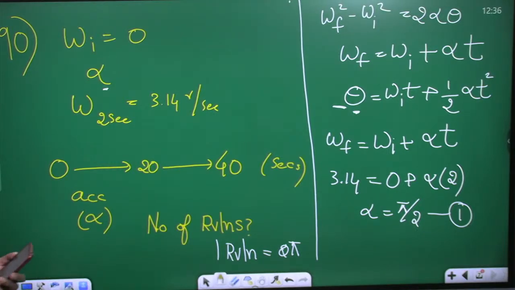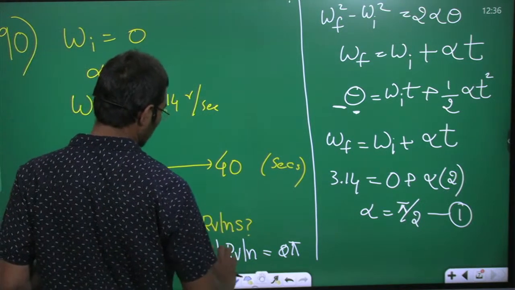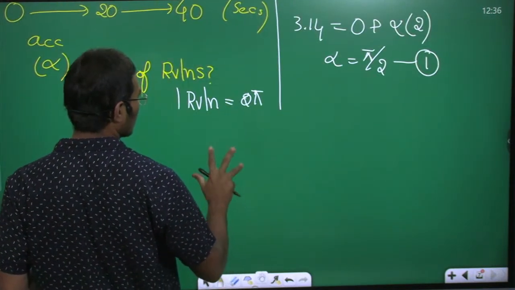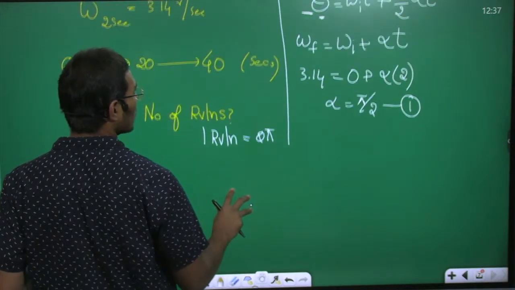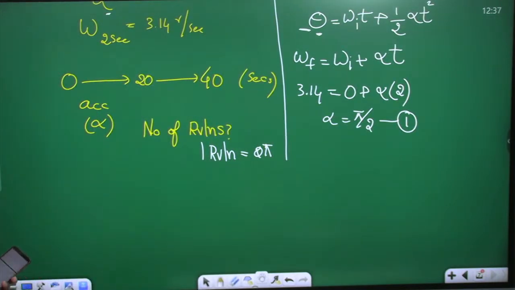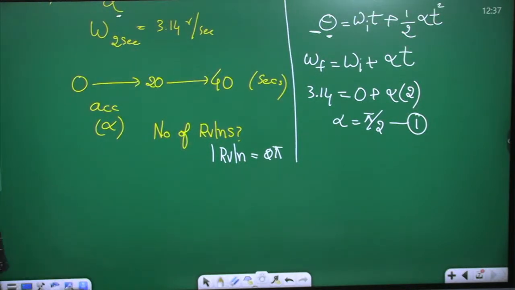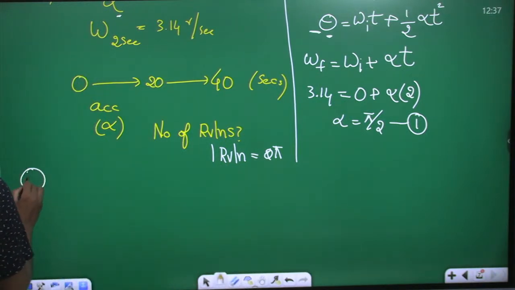See, even after giving hints, you need to do at least some. So first let us find theta for 0 to 20 seconds.